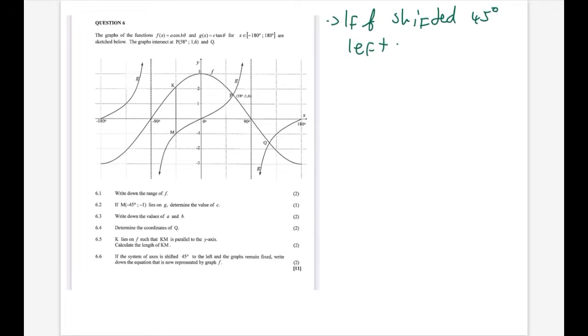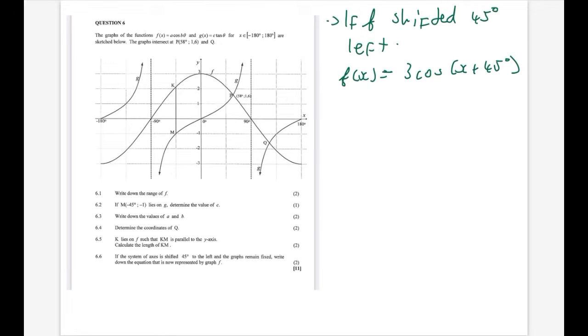But if it was, and remember f of x is 3 cos theta, if it's shifted 45 degrees to the left, it would become 3 cos of x plus 45 degrees. We spoke about this in the last video: if it's moved to the left, we would say plus 45 there. If it was moved to the right, it would say minus 45.